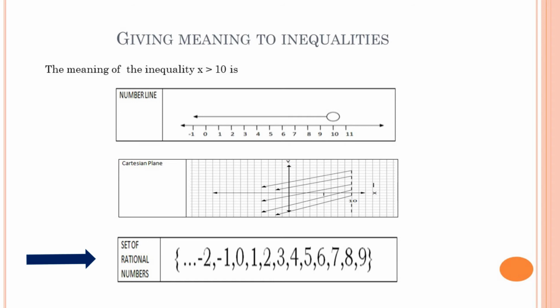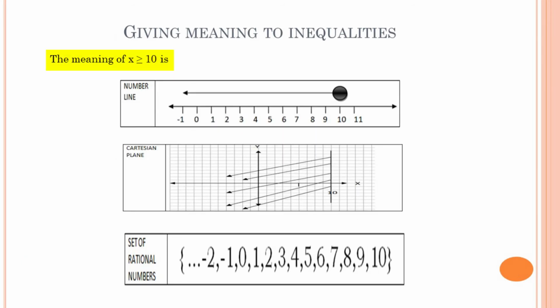Let us try another example. x is less than or equal to 10. What do we mean by x is less than or equal to 10? You would remember in the previous example we had x is less than 10. And what do we mean by that? You would have looked at the indicator there over 10, showing that it's an approximate value of 10.